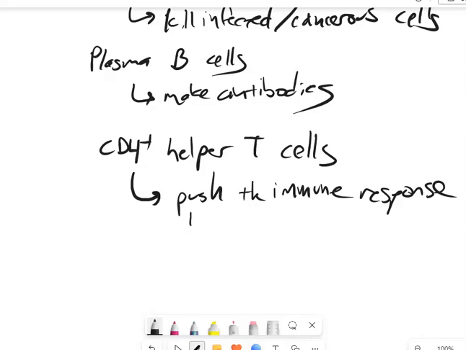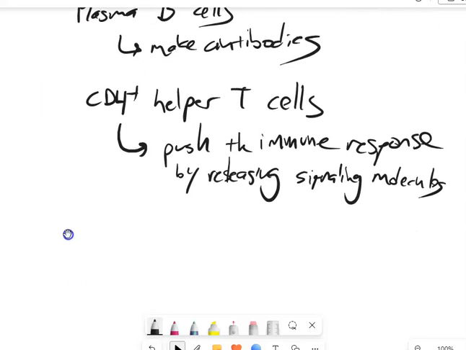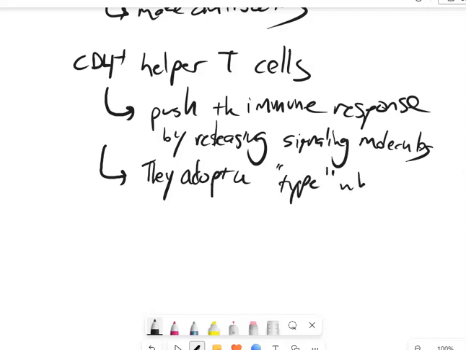And they do this by releasing signaling molecules. There are many types of helper T cells. They adopt a type when they get activated.